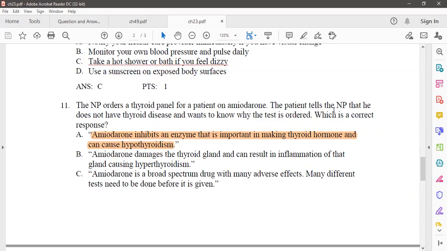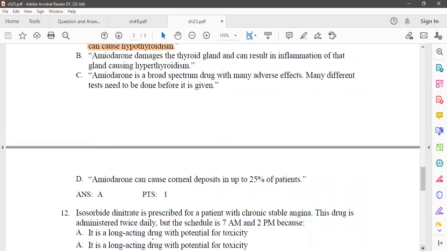The patient tells the NP that he does not have thyroid disease and wants to know why the test is ordered. Which is the correct response? Amiodarone inhibits the enzyme that is important in making thyroid hormone and can cause hypothyroidism. So we need to check it.